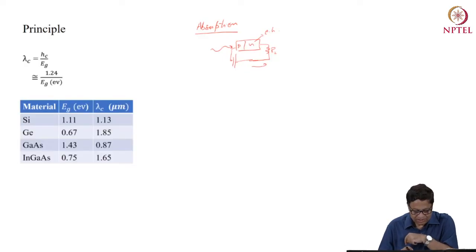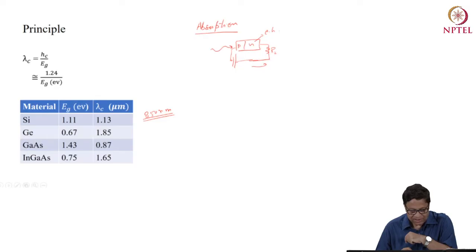So this is the lambda C or the lambda cutoff for different materials. For silicon, the EG is 1.11, and the corresponding lambda C is 1.13. So it is generally sensitive at wavelengths less than 1.13 micrometer. For example, if you are using 850 nanometer transmission, this can be a good choice.